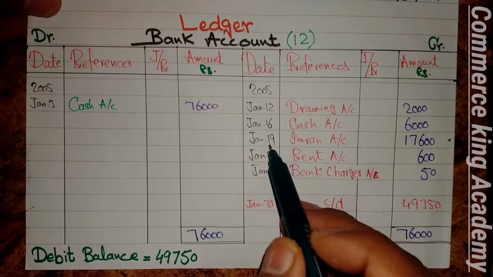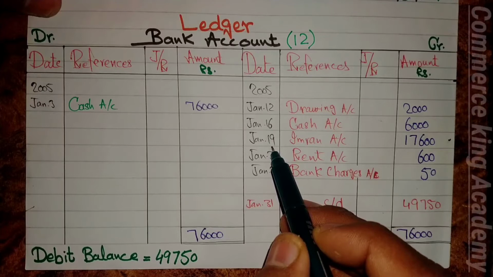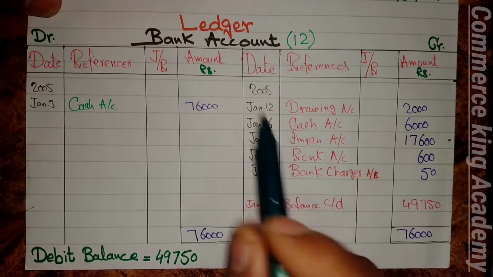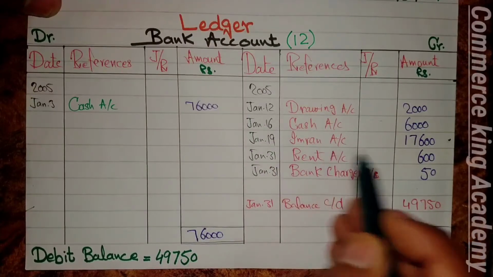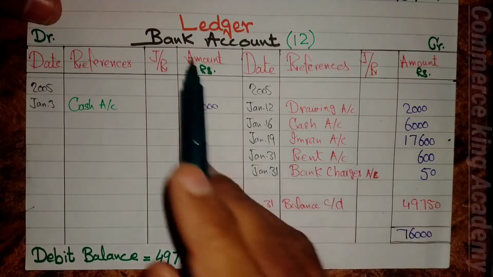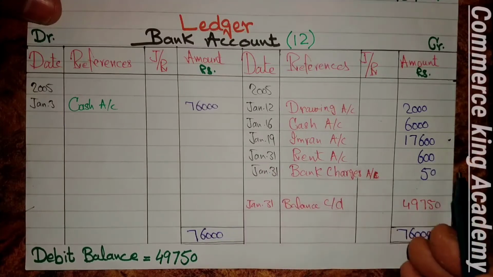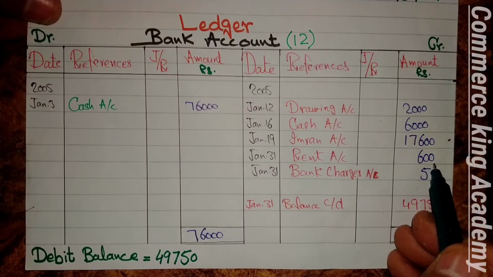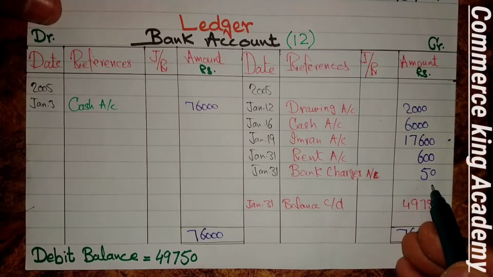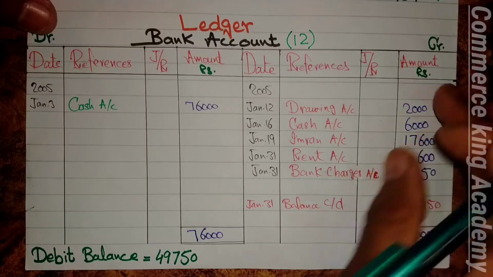And the next bank account transaction was on 19th Jan, bank account was credited by Imran account, amounting to 17,600 rupees. Next, bank account credited by rent account, amounting to 600 rupees. And last, bank account was credited by bank charges account, 50 rupees only. Am I right? So we have totals of both sides.